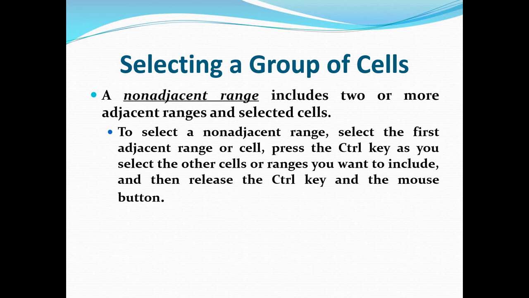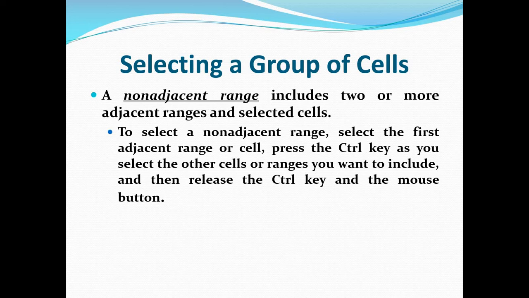To select a non-adjacent range, first of all, you must select the first adjacent range, or select the first cell, and then press the Ctrl key to select another cell. Keep pressing Ctrl until you finish all the selections you want.